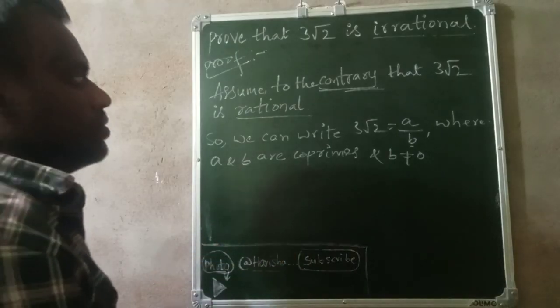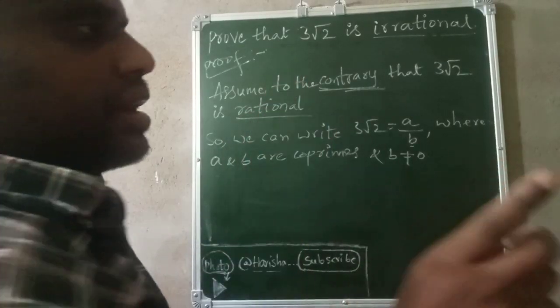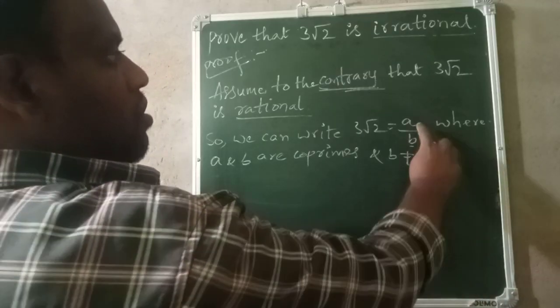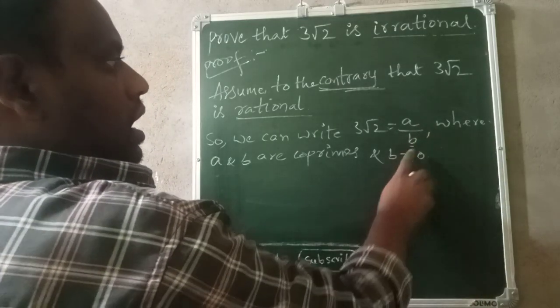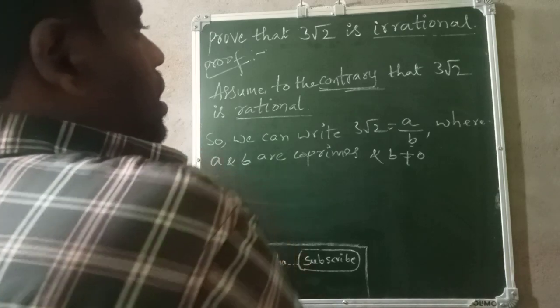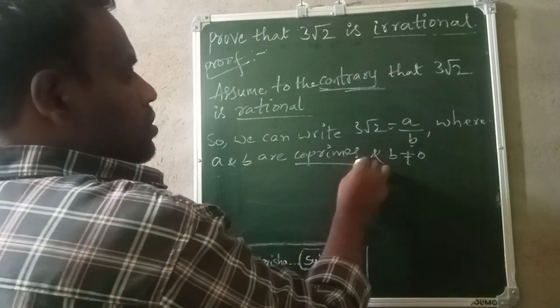When any number is rational, it is in the form a by b, where b is not equal to 0, and a and b are co-primes.